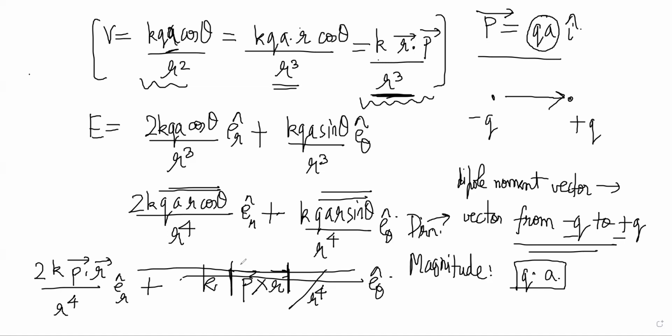Do you understand why I have put a mod? The magnitude of the cross product is qar sin theta. I hope you are getting what I'm saying. So those are alternative ways to see the same dipole results.